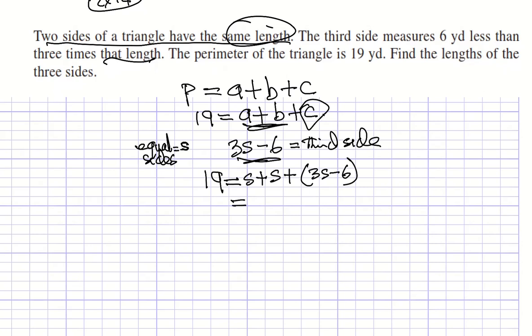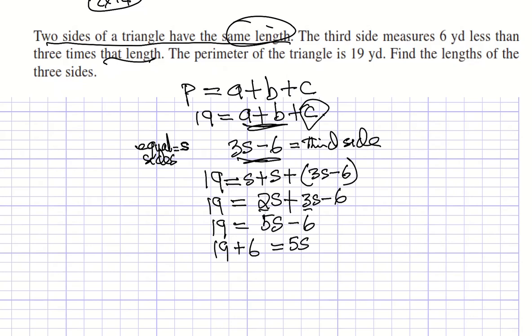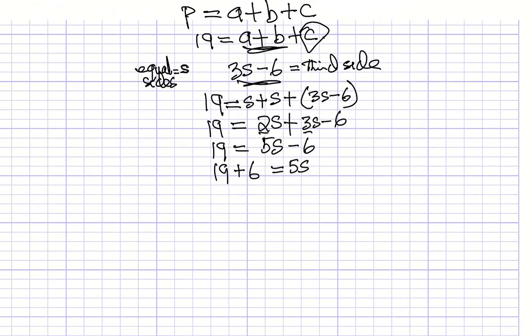So we simplify. 19 is equal to 2S, we remove the bracket, plus 3S minus 6. That is 19 equals 5S minus 6. We move 6 over: 19 plus 6 is 25, so 25 is equal to 5S.